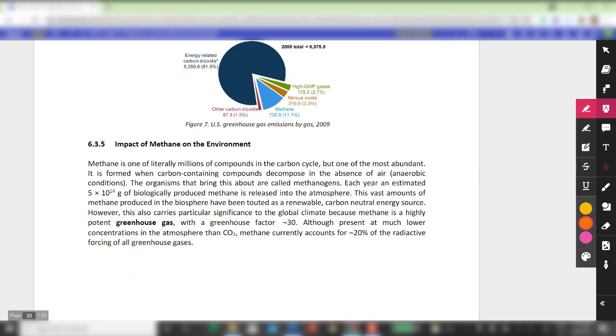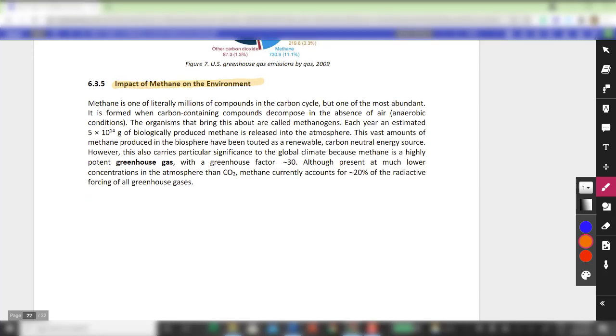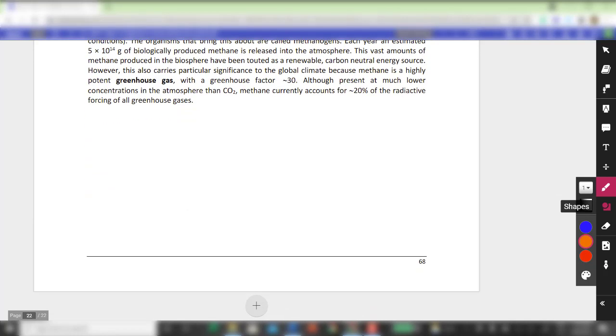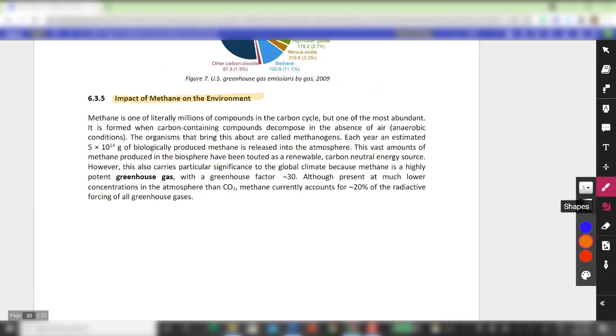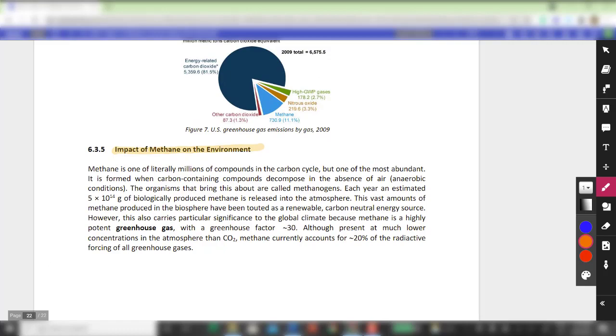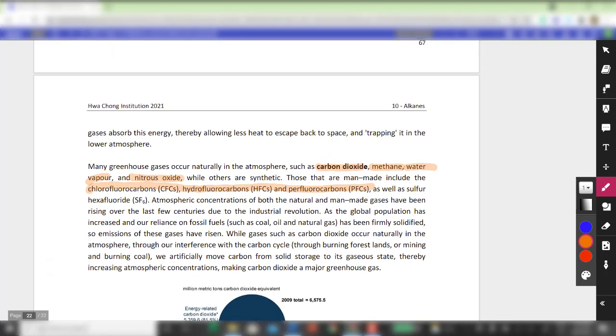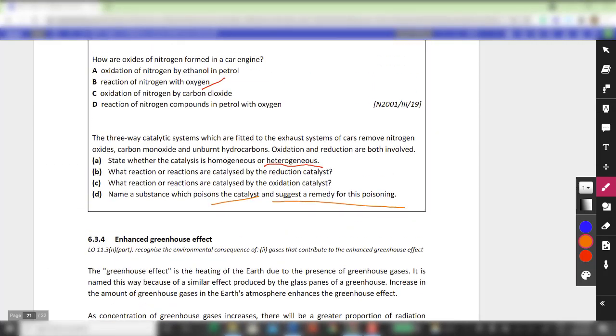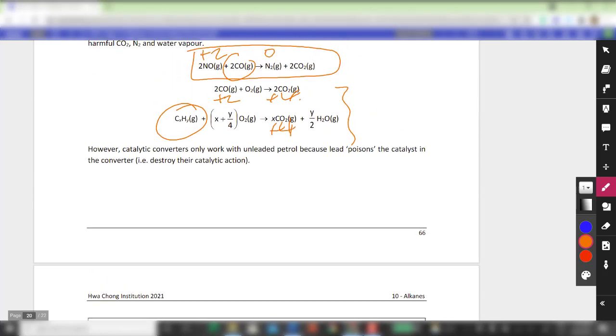So this particular portion explains to you the impact of methane on the environment. So do go and read about them. It's important as well. And that's about it. My apologies that the last portion of this chapter is a bit dry, as it contains a lot of reading.